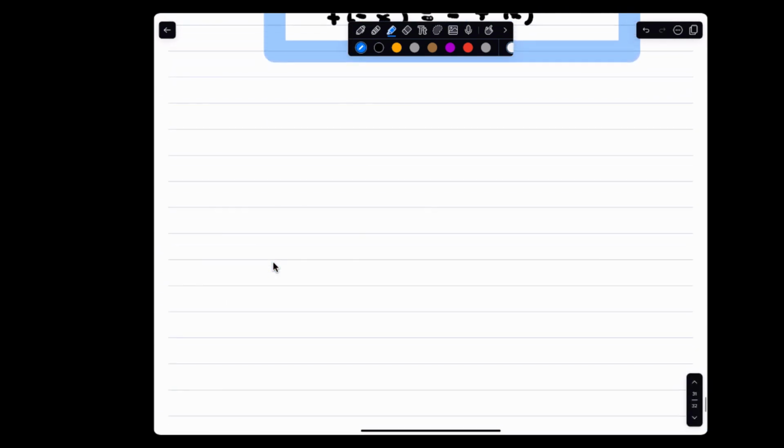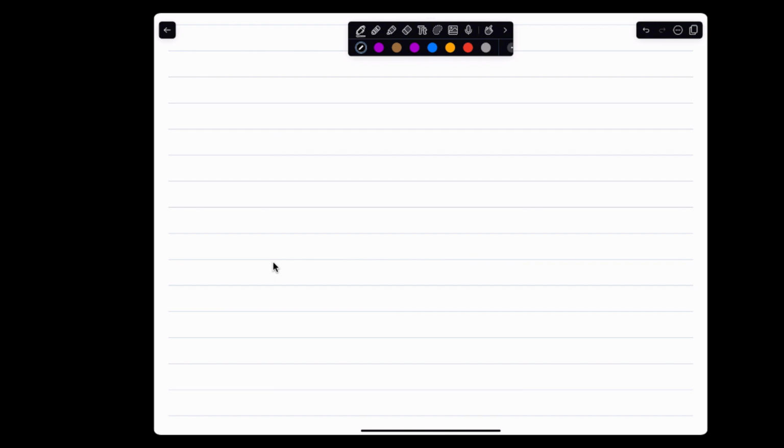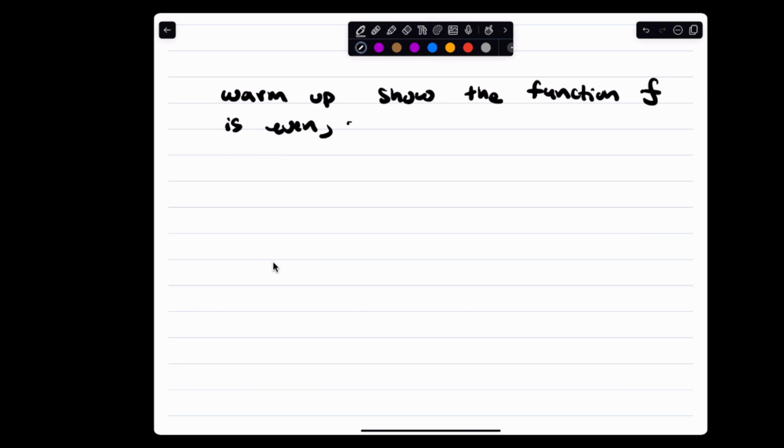So, ladies and gentlemen, here's the deal. I'm going to have you guys warm up with that process. Show that the function f given is either even, odd, or neither. You might say, what would neither be? Well, you'll see what a neither would be.